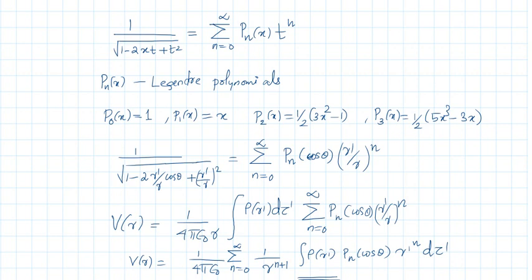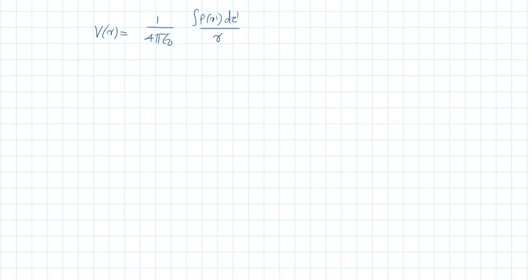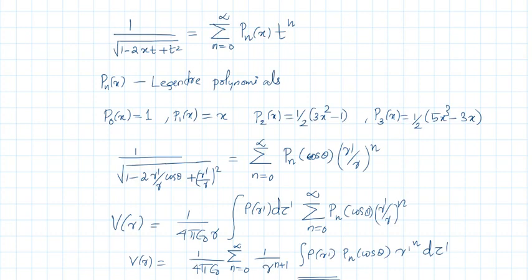So you have rho of r prime d tau prime divided by r, plus second term 1 by 4 pi epsilon 0 integral rho of r prime into r prime cos theta d tau prime divided by r squared. That is obtained by putting n equal to 1. So this becomes 1 by r squared. Here you have p1 cos theta. p1(x) is x, so p1 cos theta is cos theta. R prime raised to 1 d tau prime.